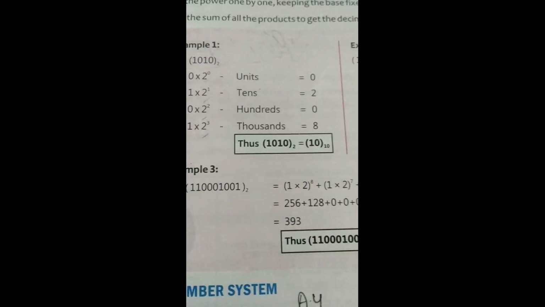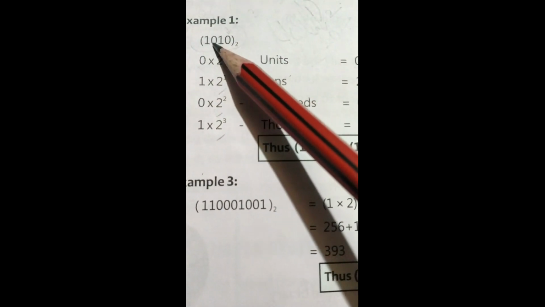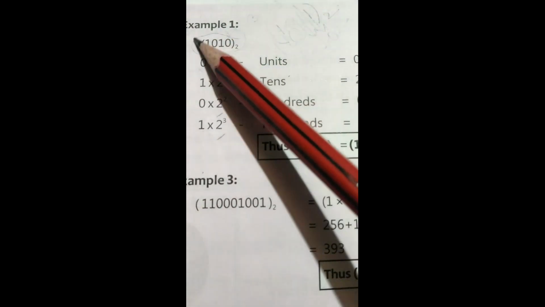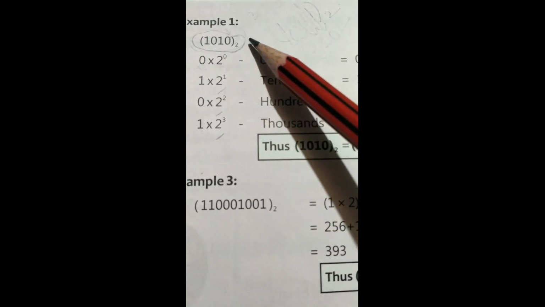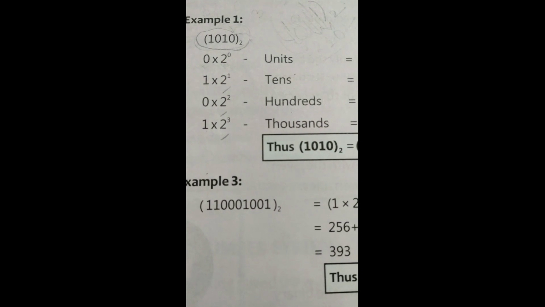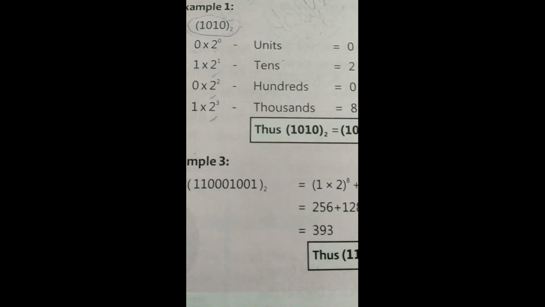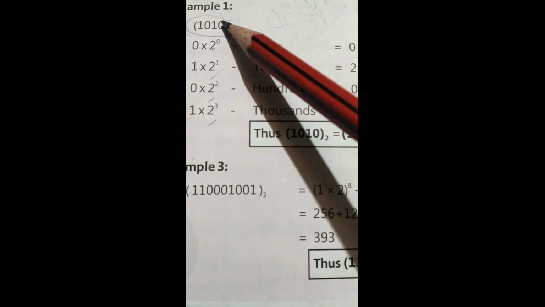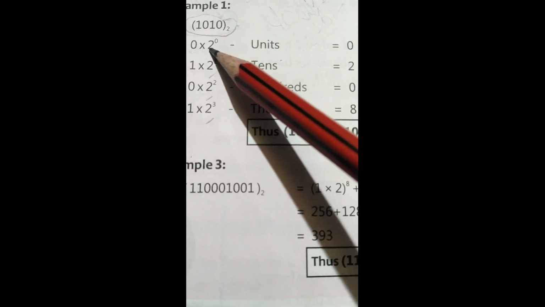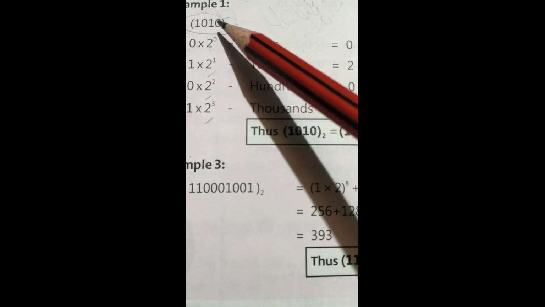Now we will understand this with the help of an example. Here we can see 1010. This is the binary number which we want to convert into decimal form. First of all, we will multiply each digit by 2 to the power of its positional value.